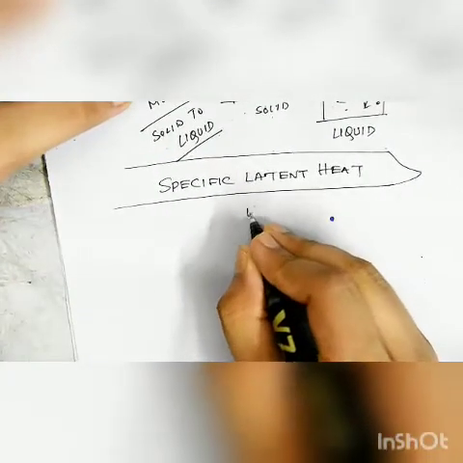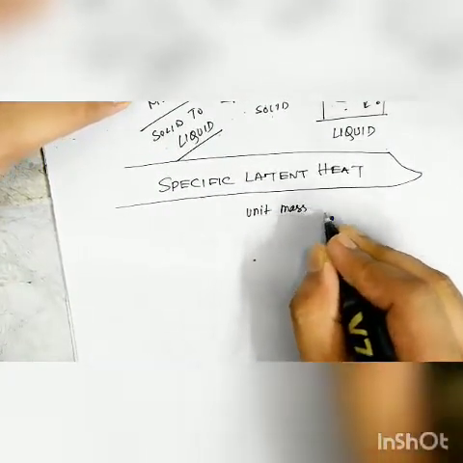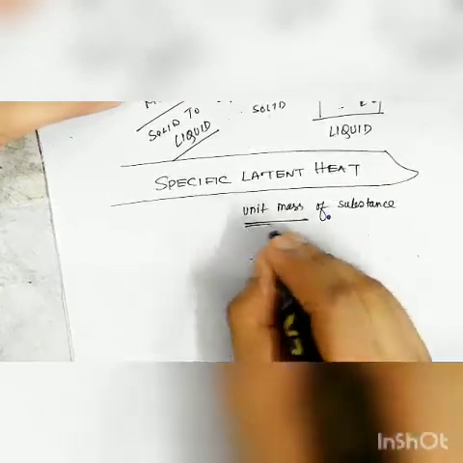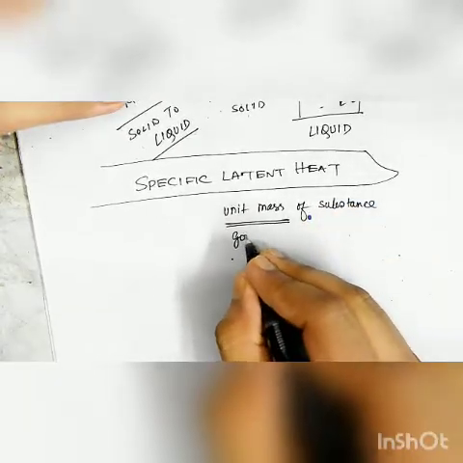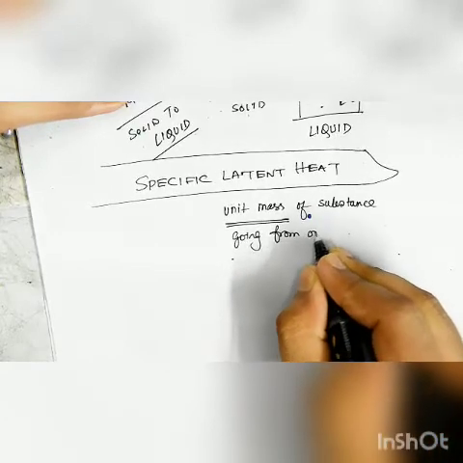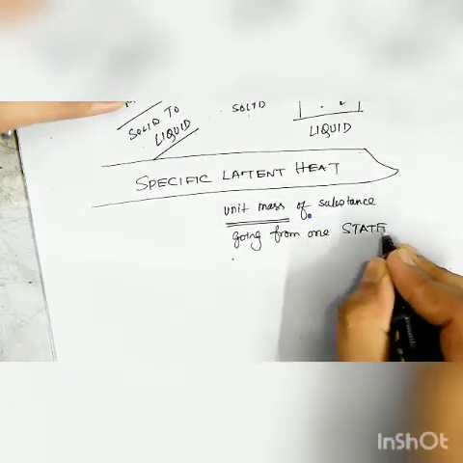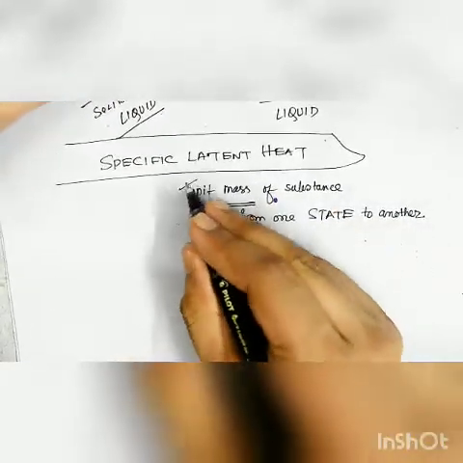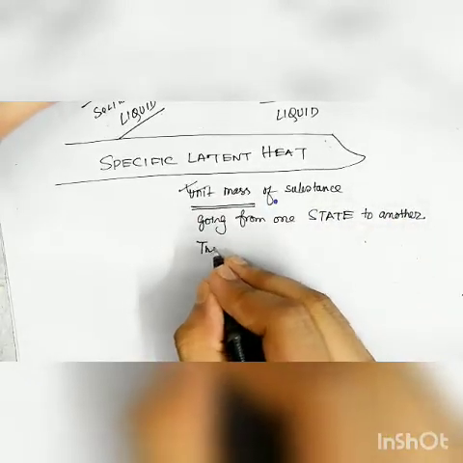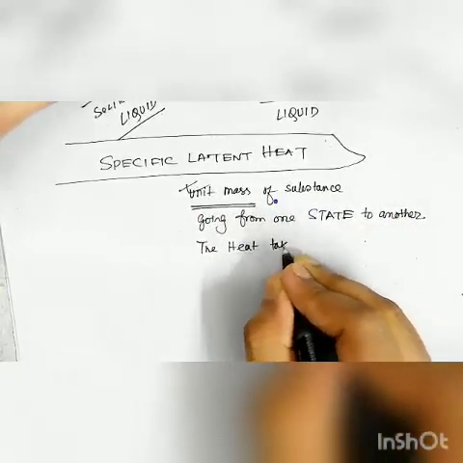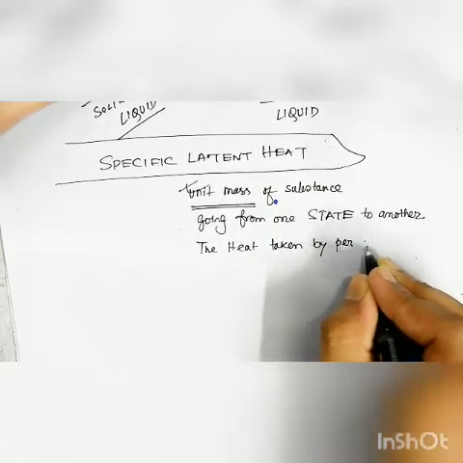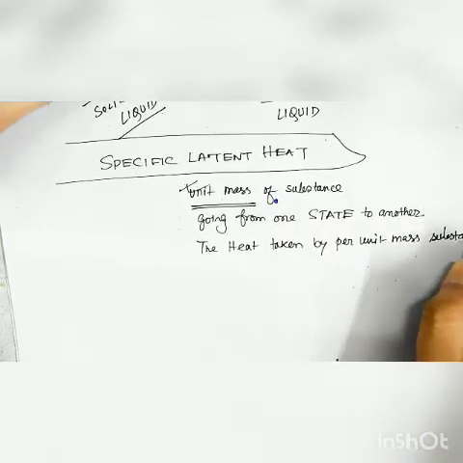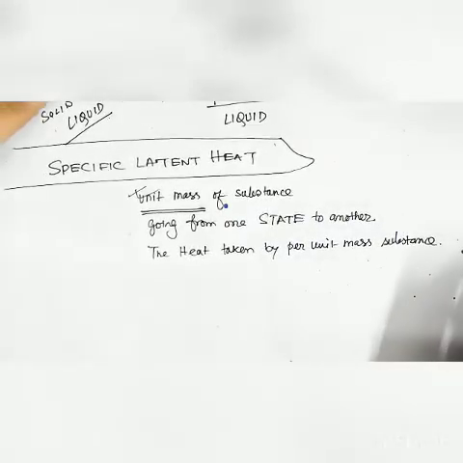Means unit mass of substance going from one state to another is called its specific latent heat.